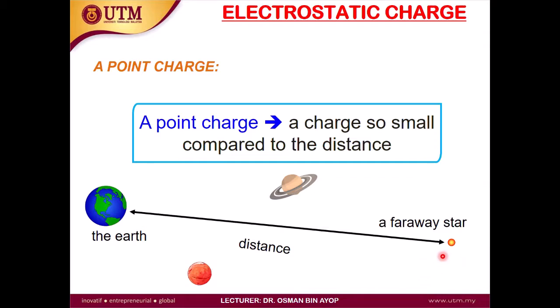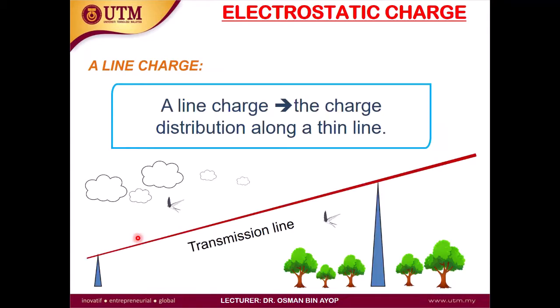And the distance between the star and the earth is very far away. Next, a line charge, where the charge is distributed along a thin line and the line is very long.